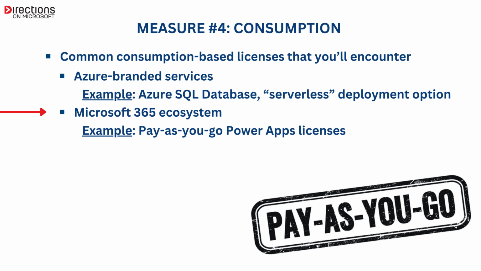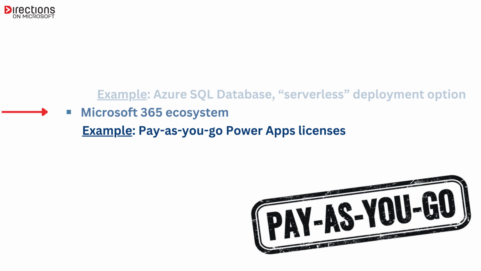The consumption being measured is a number of unique users in any given calendar month. So as with capacity-based licenses, the metric used to assess consumption-based fees varies depending on the service, and in some cases can be quite complex.